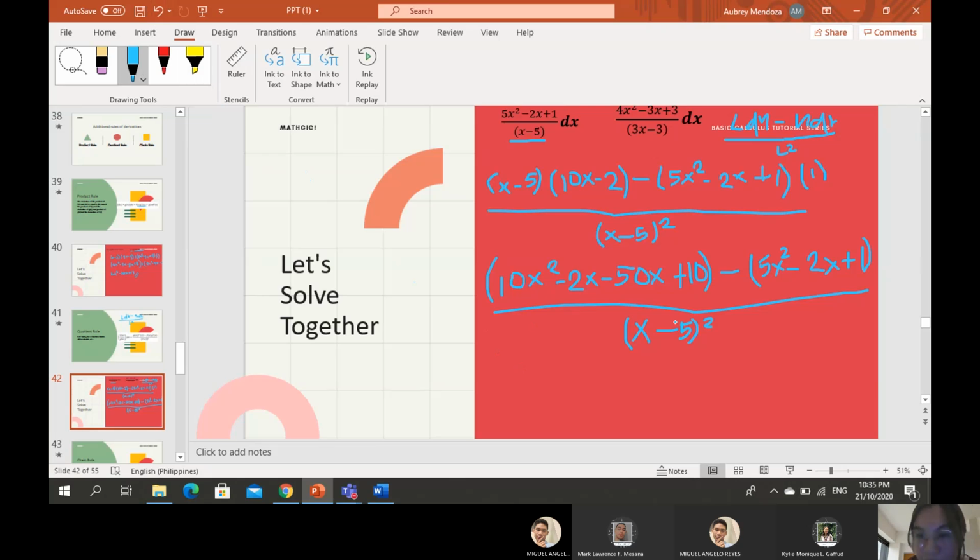By the way, this is already negative. So we're going to change the signs of this function, since when we combine negative and positive, it would be negative. And then when we combine negative and negative, it would be positive. And then negative, positive is negative. So let's simplify. 10x squared minus 5x squared is equals to 5x squared.